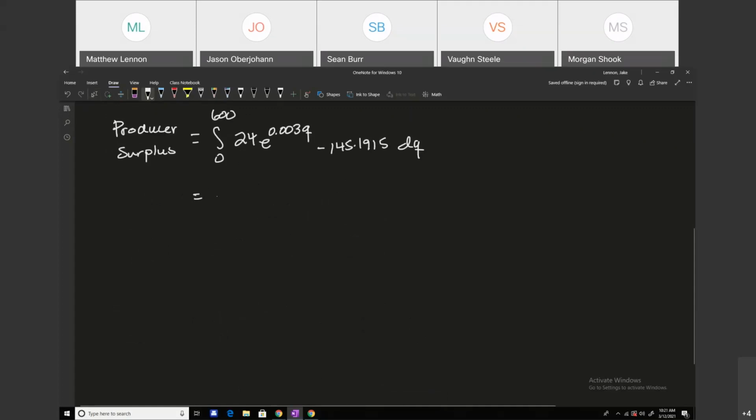And so the antiderivative is going to be 24 e to the 0.003 q over 0.003 minus 145.1915 q from 0 to 600. So let's see what we get.